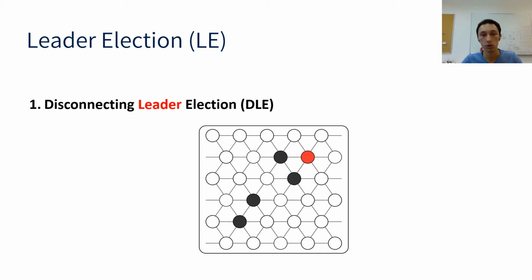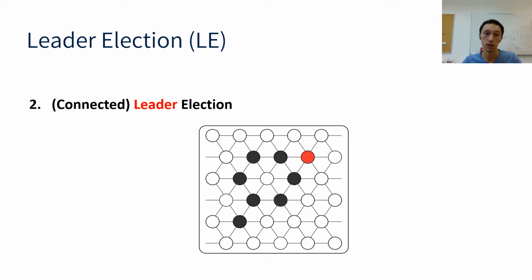However, the algorithm can terminate with a disconnected particle system. In the connected leader election problem, the algorithm should terminate with one leader particle as well as a connected particle system. This additional condition is very important since other algorithms that use leader election as a building block generally assume that the particle system is initially connected.